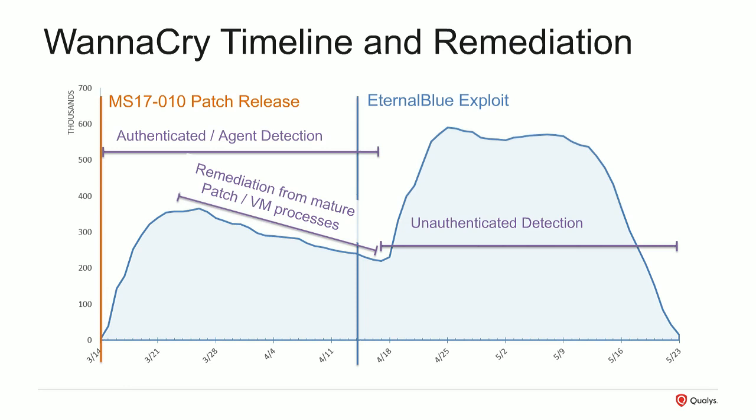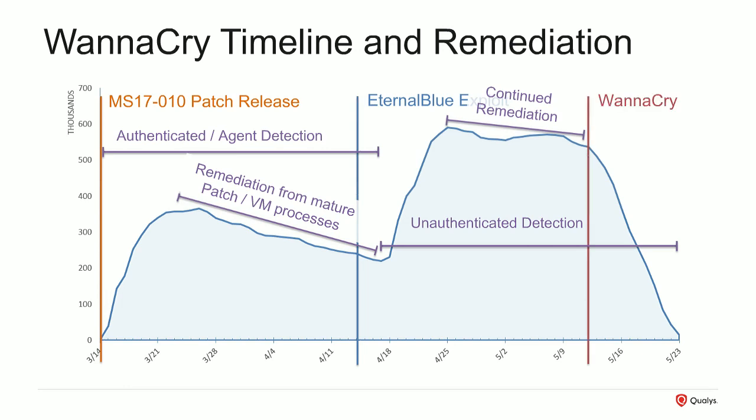Again, we had a pretty similar cycle. We got about 1 week of scan time to start detecting the new infections, and then we got into a continuous remediation process, which again, mature cybersecurity programs had.